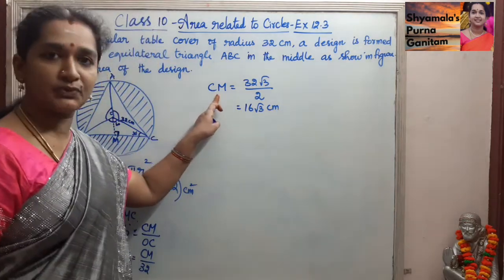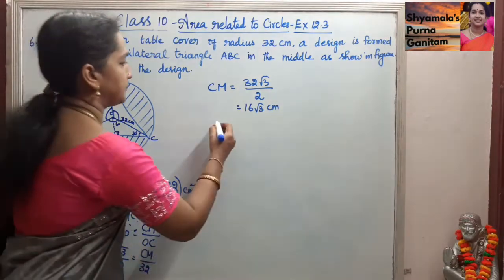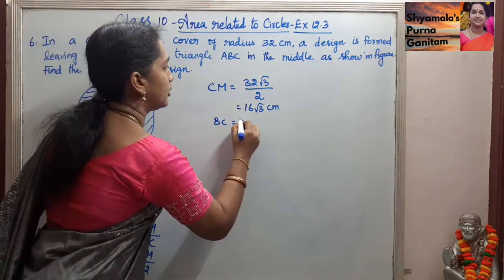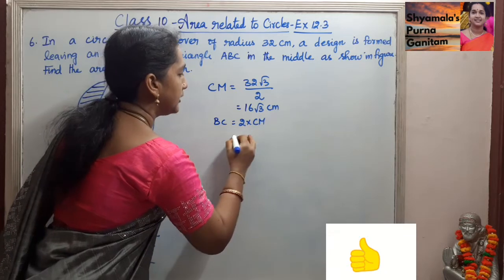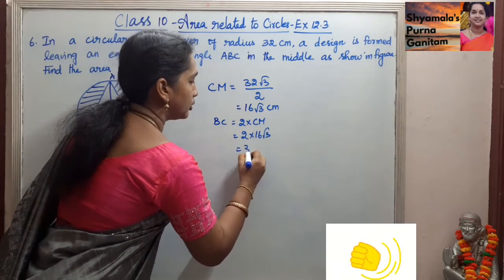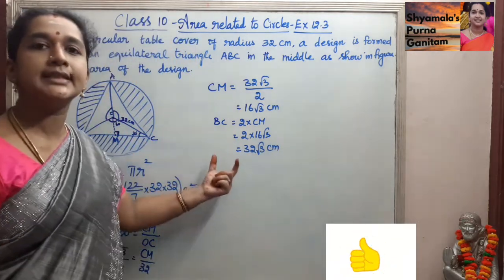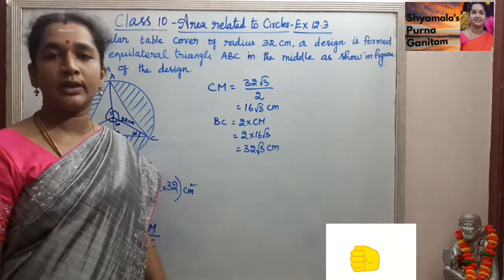So this is the length of CM. Into 2 will be the length of BC, so BC is equal to 2 into 16 root 3, that is equal to 32 root 3 centimeter. So this is the length of the side of the equilateral triangle.